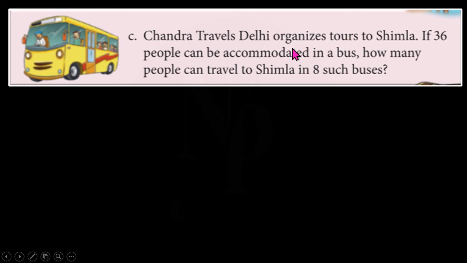It organizes a tour to Shimla and the capacity of the buses with Chandra Travels is 36. That means 36 people can be accommodated, that means 36 seats are available in the buses with this travels. So if it organizes 8 such buses to travel to Shimla, we should find how many people can travel to Shimla in such buses. Let us find now.